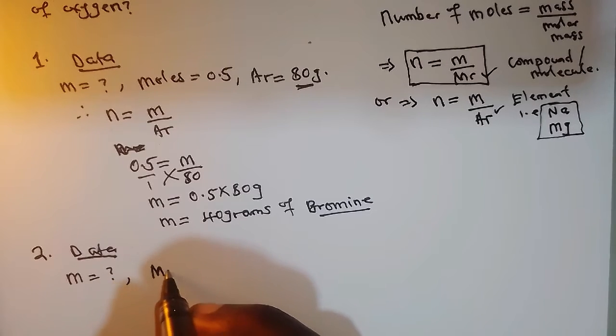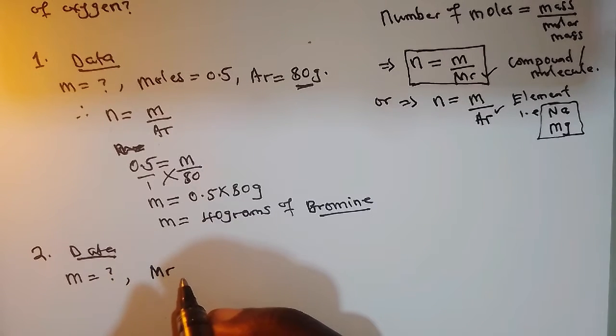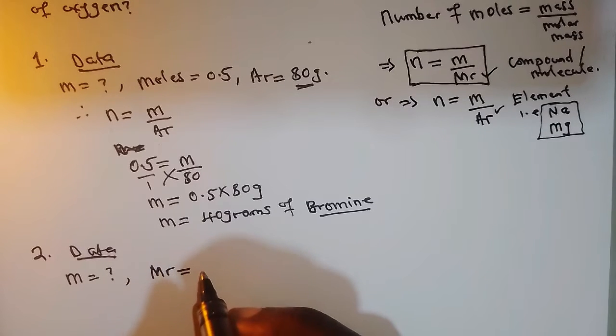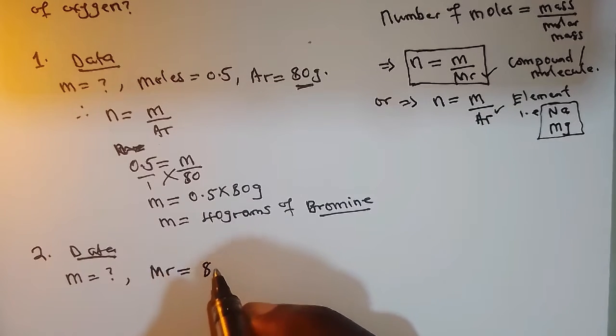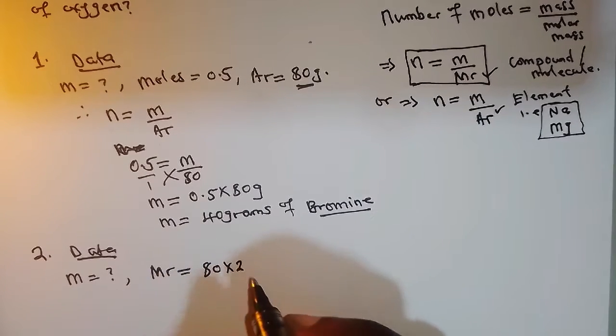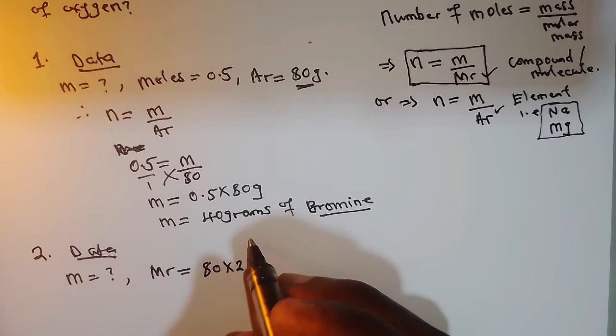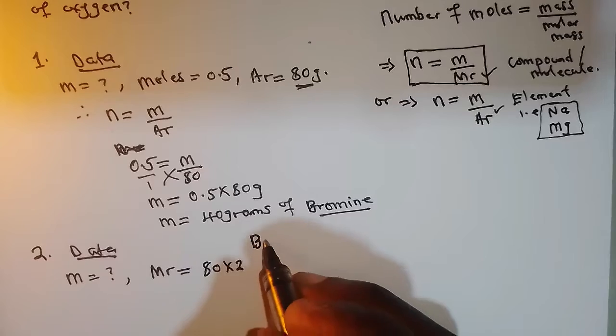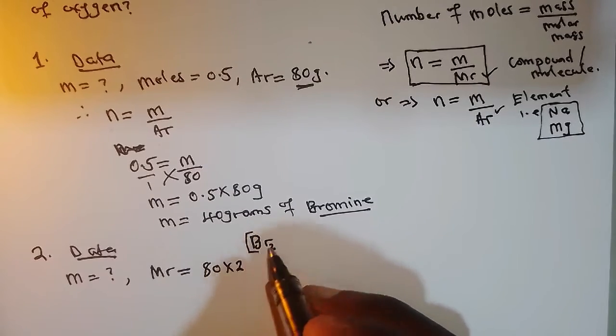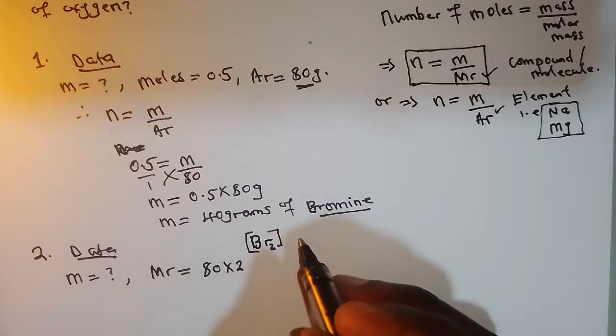So the molecule is Mr. Since there is more than one atom, this is going to be 80 multiplied by 2. Where is this 80 coming from? When bromine is a molecule, it is written like this: we have 2 bromines.